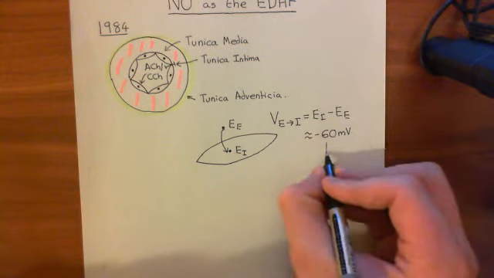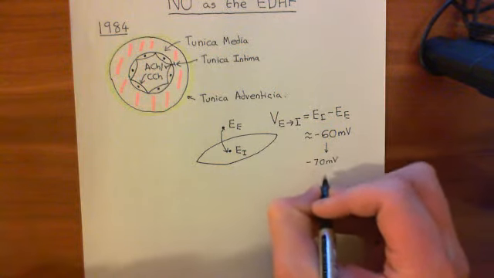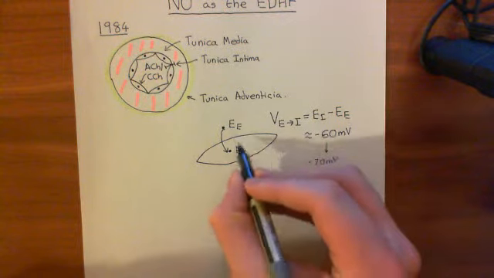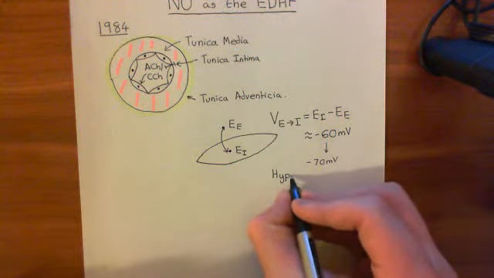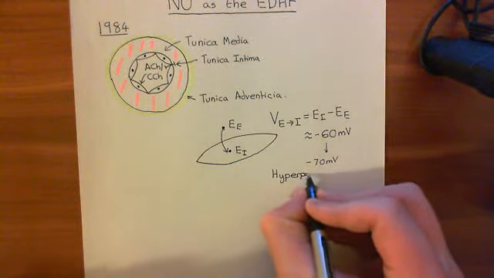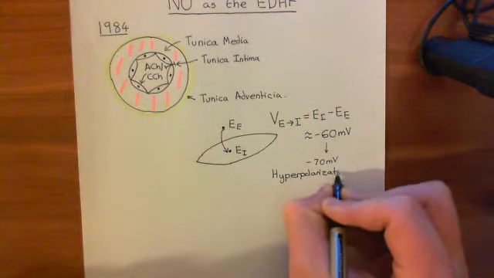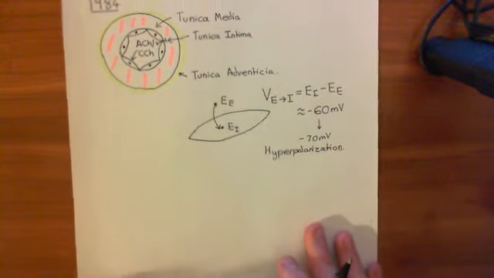So maybe this number will become negative 70 millivolts, or maybe even beyond that. That phenomenon of this difference being amplified is known as hyperpolarization.